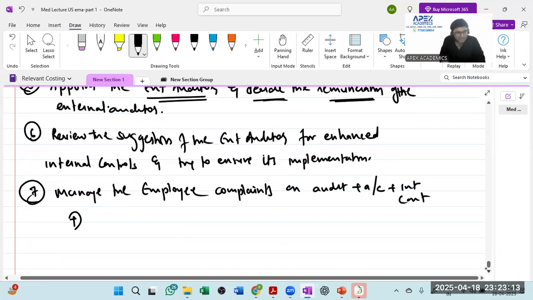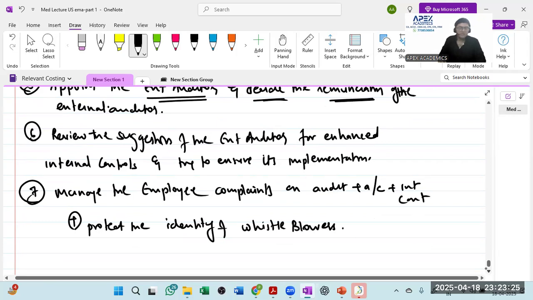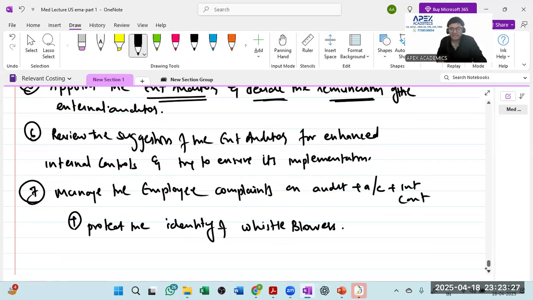Plus, they will protect the identity of the whistleblowers.